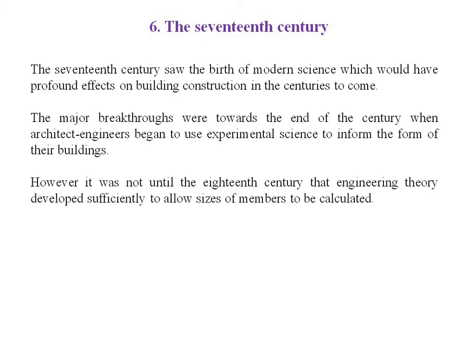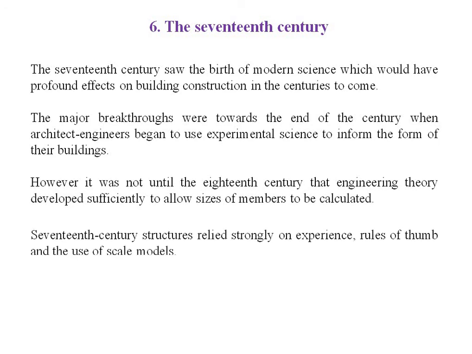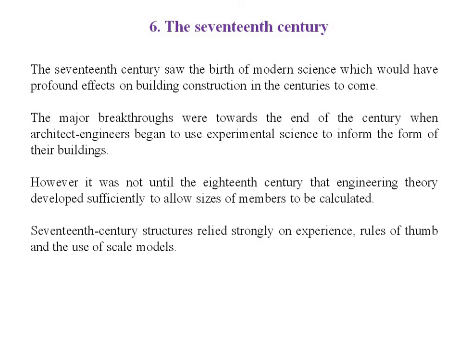However, it was not until the 18th century that engineering theory developed sufficiently to allow sizes of members to be calculated. 17th century structures relied strongly on experience, rules of thumb, and use of scale models.